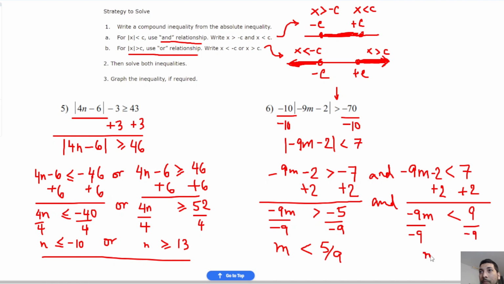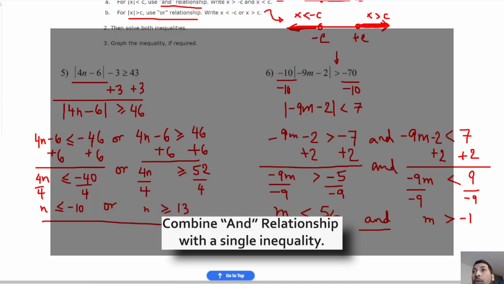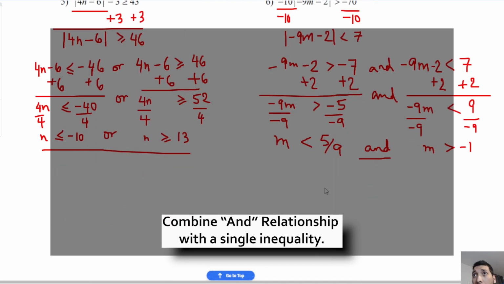We get m greater than -1. Since you divided by a negative number, we reverse this inequality symbol. Now we see that these two inequality expressions are related by AND relationship, so we can combine these into a single inequality. So let's see how we can combine this into a single inequality.